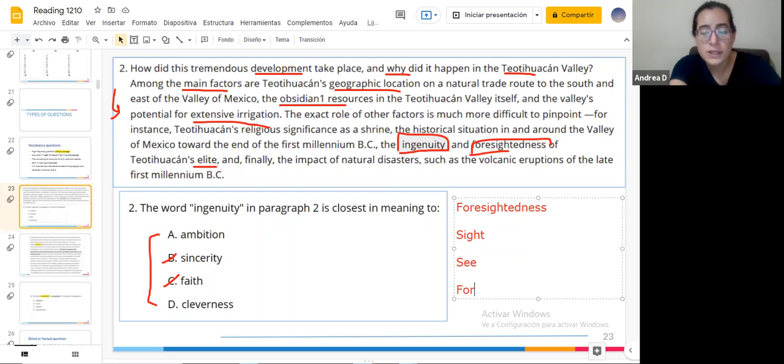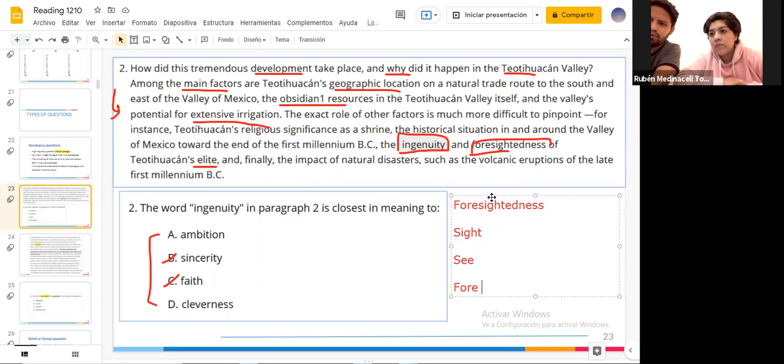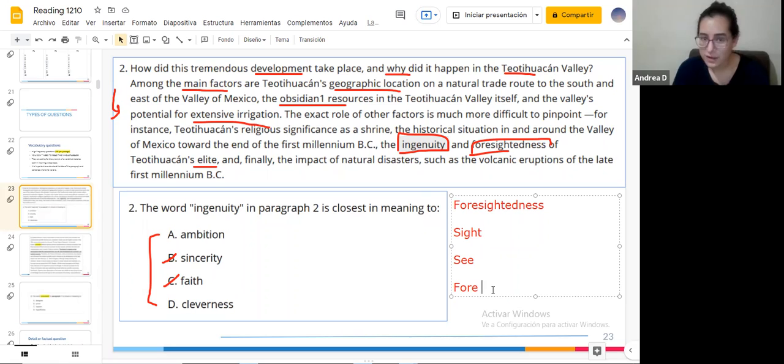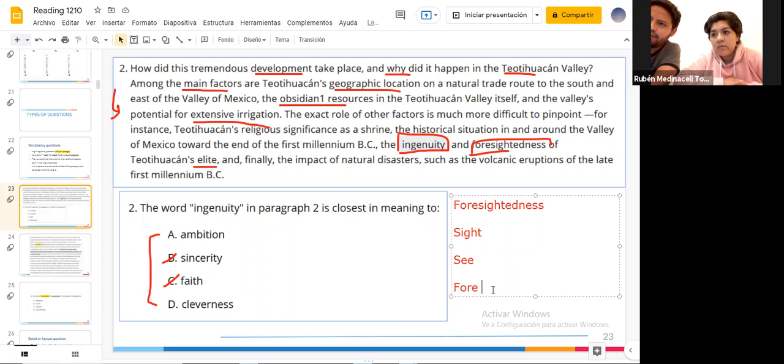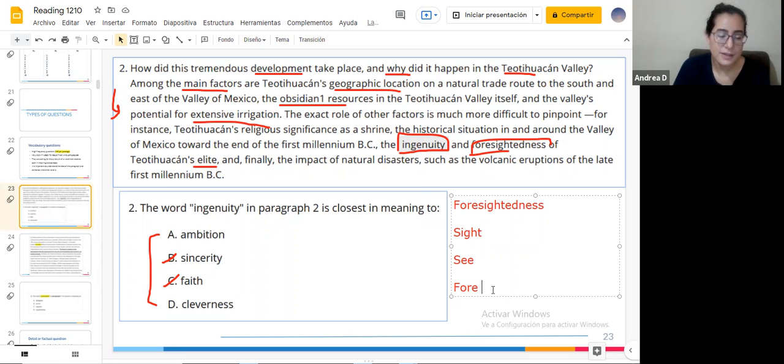And for, can you think of something related to fore? Can you associate that prefix to something? See the future. Okay, yeah. Vision of the future. Yes, exactly. I think it's related to the future.